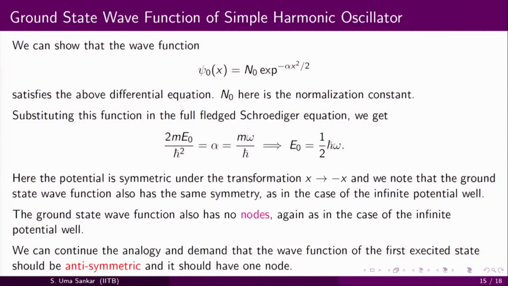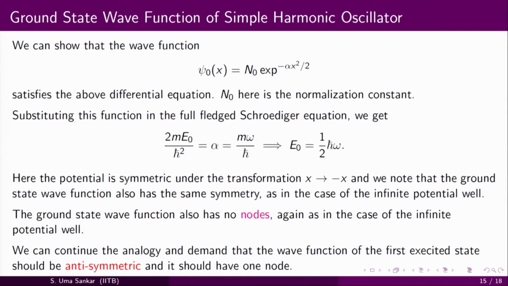Now, I have to do some inspired guesswork or trial and error, and if you do so, you find that the function psi naught, which is N naught times exponential of minus alpha x square by 2, satisfies the differential equation, and N naught here is some constant, and I fix it by the normalization condition that the integral of mod psi square dx should be 1.